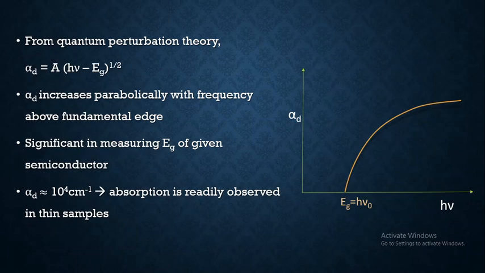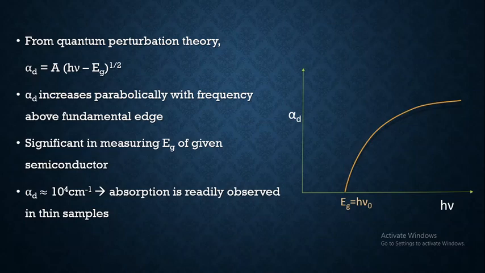If you have a smaller sample or a small quantity, then the optical method is very significant to measure the energy gap. So this is the main importance of studying the fundamental absorption process. Nowadays optical methods are preferred for finding out the energy gap of any semiconductor.